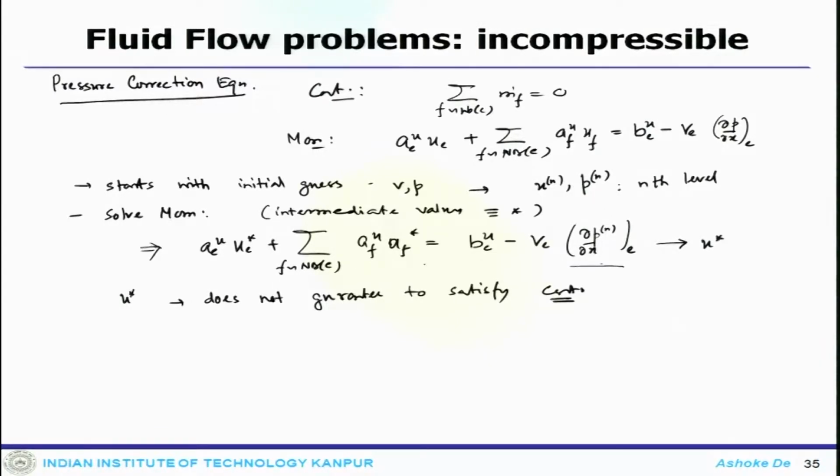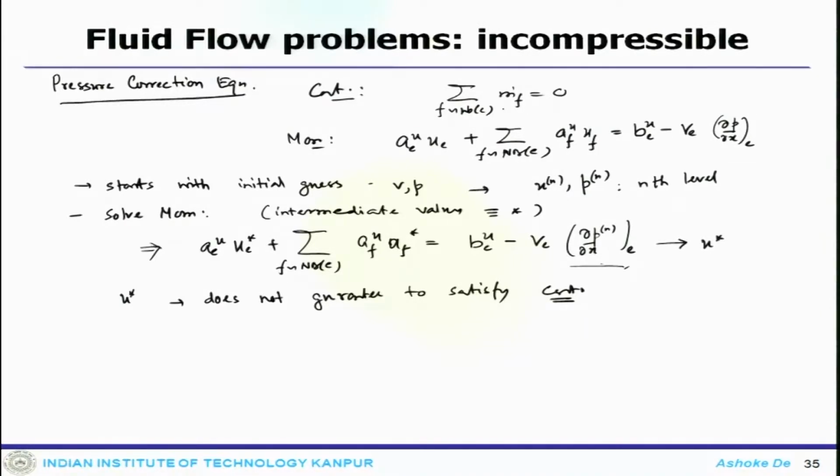This is calculated based on some guess value, and we have used the pressure from the previous iteration. So most of the time this intermediate value u star does not satisfy the continuity equation, but for the whole system one has to satisfy both continuity and momentum.